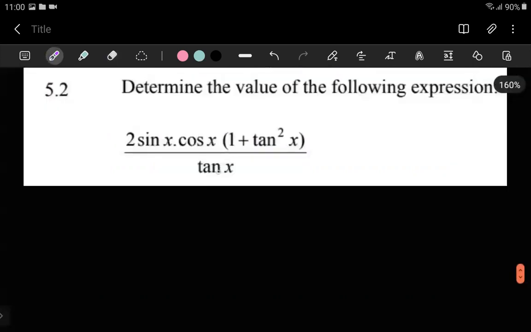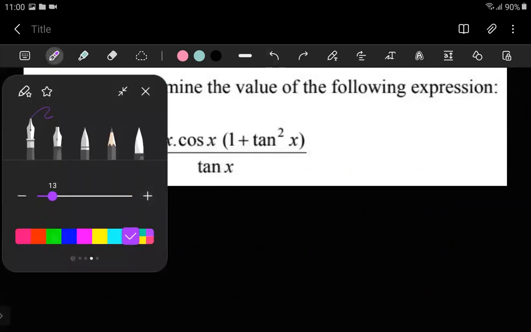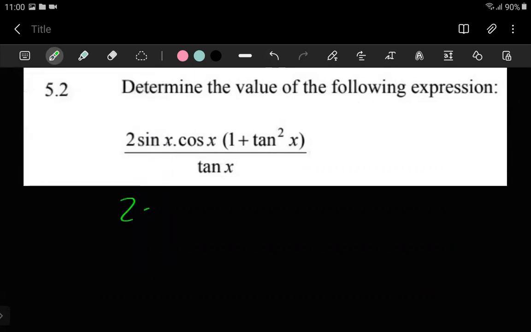So remember, here you have 2 sine x cos x, then you have 1 plus tan squared x.